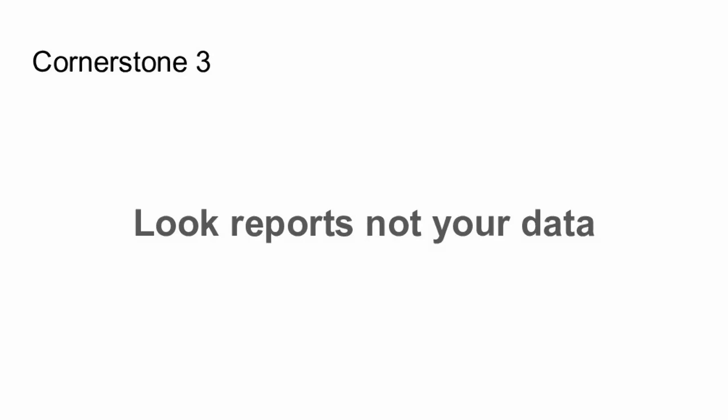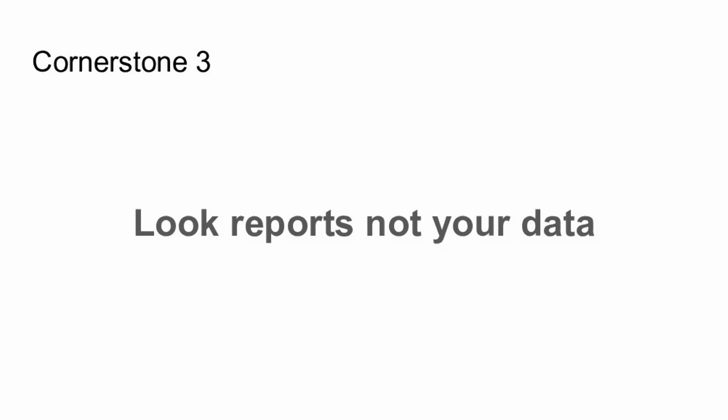And the third cornerstone is we don't look at our data. You know, there's worksheets that are full of all kinds of information and all the math. That's good to create the information, but that's not what you look at when it's time to plant. And that's not what you share with your staff. You've got to create reports that have only the information you need to be looking at.